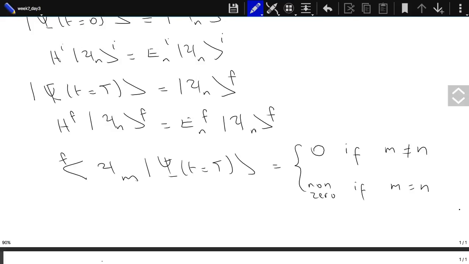So this is what we would like to prove. If we start with the nth state of our Hamiltonian at t equal to 0, when we make this change slowly, it will still be in the nth state. Of course, the energy of this nth state will be different, the wave function of this state will be different, but nevertheless, it will still be in that state.